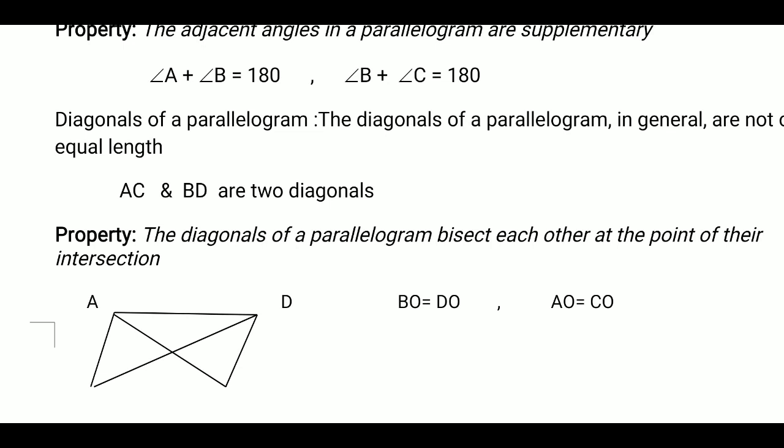Now the property for diagonals of a parallelogram. The diagonals of a parallelogram bisect each other at the point of their intersection.